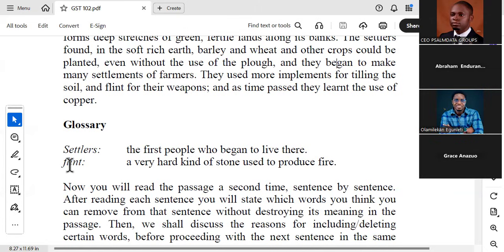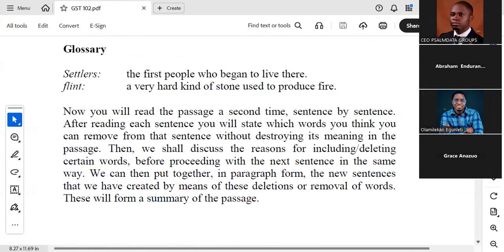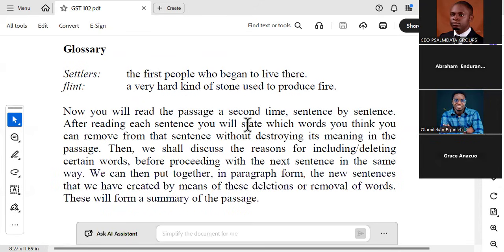Then flint, which we normally call in the local language the millstone. A very hard kind of stone used locally to spark fire. In the medieval age, that is what they used when there was no matchstick and the rest of them.